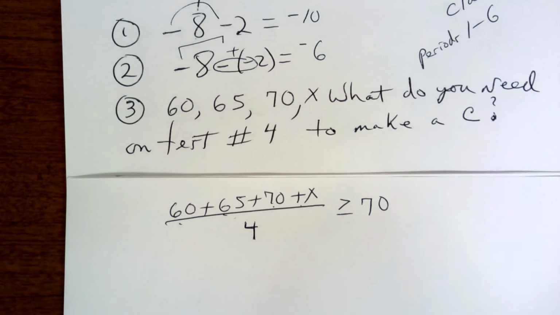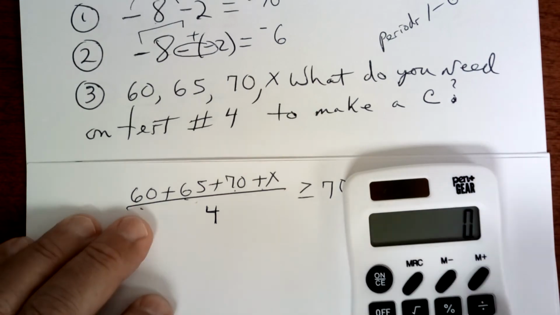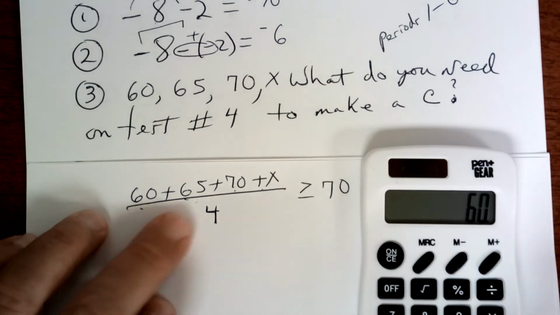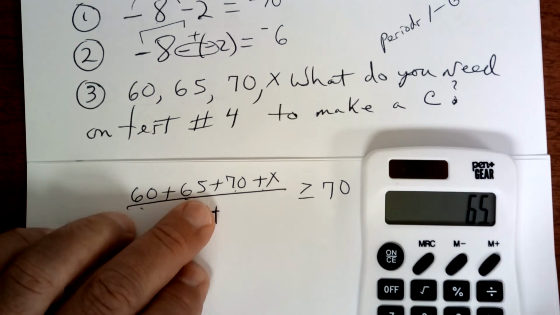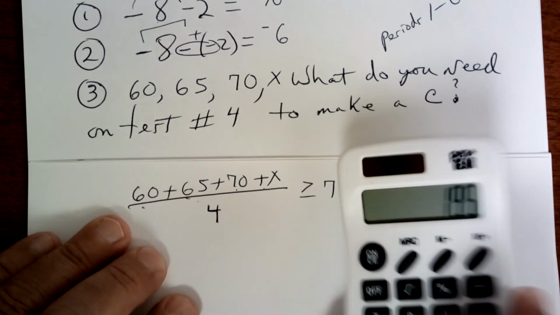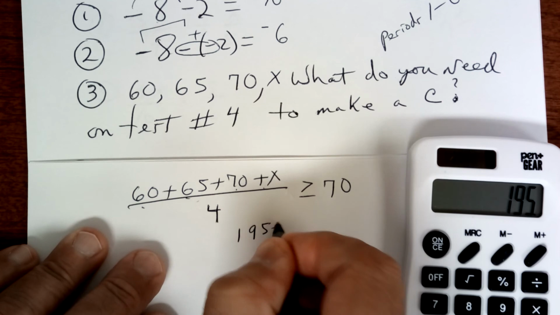On this one right here, get your calculator out. I have some little ones up there, so make sure you get one if you need it. Okay, when I add that up, I get 195 plus x.